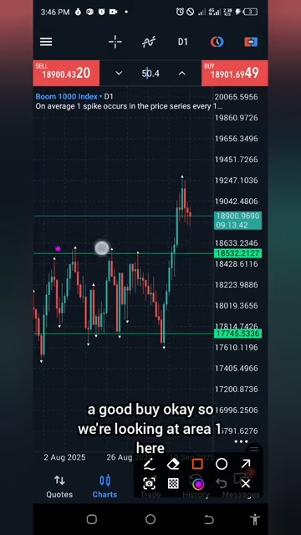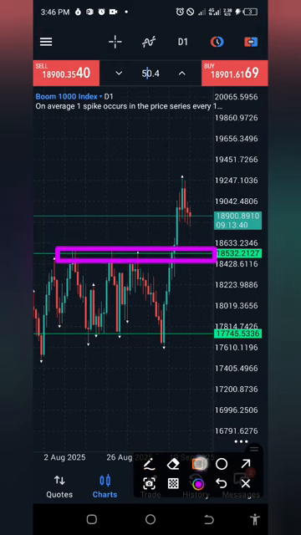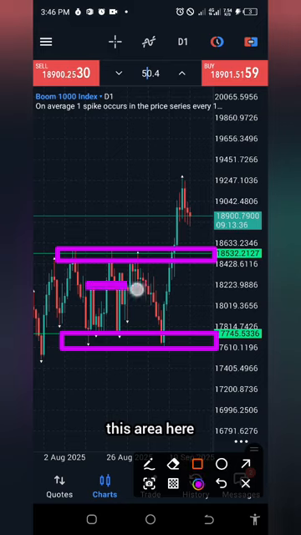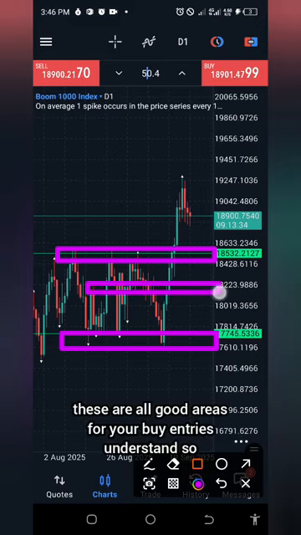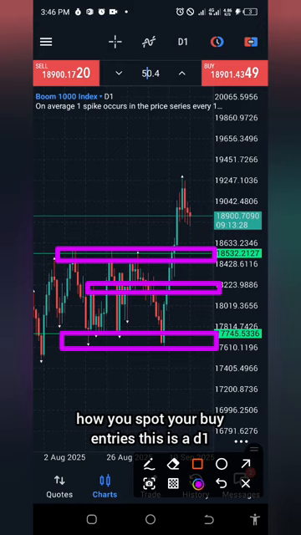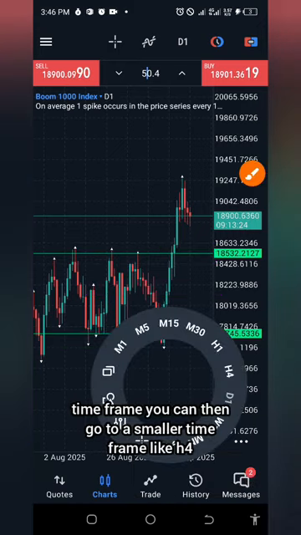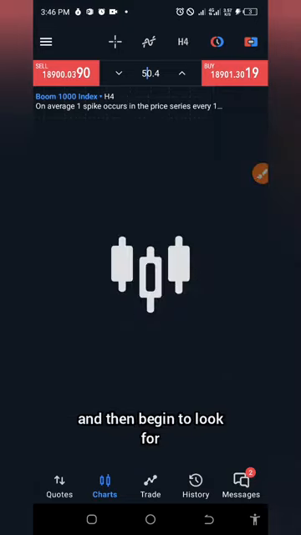So we're looking at area one here, area two, this area here. These are all good areas for your buy entries. Understand? So that is basically how you spot your buy entries. This is a D1 time frame. You can then go to a smaller time frame like H4 and then begin to look for good entries.